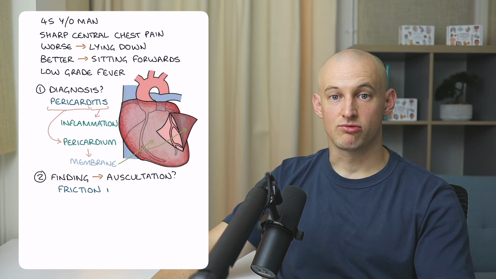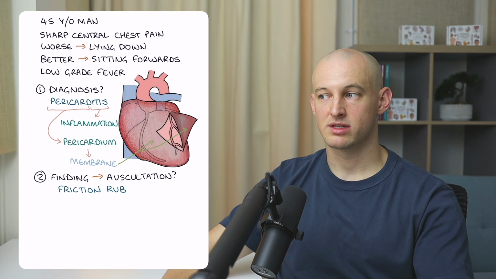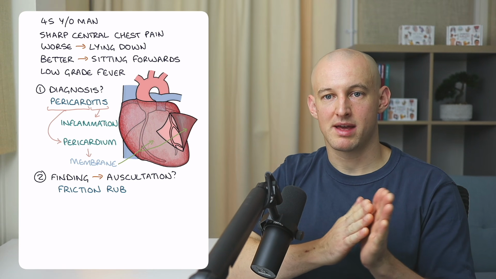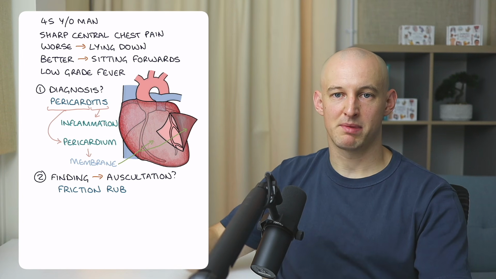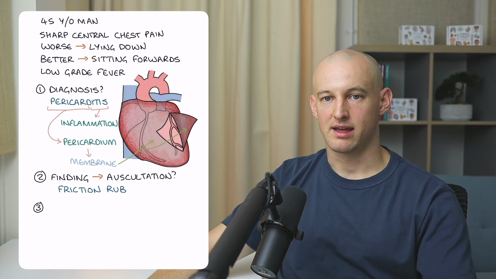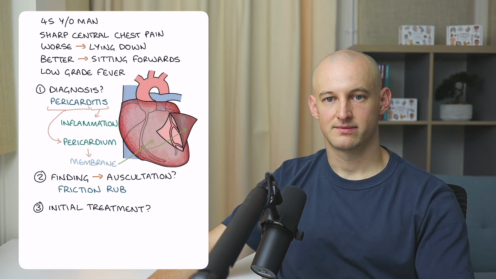A friction rub. This is a rubbing or a scratching sound that happens alongside the heart sounds. So you can imagine that inflamed pericardium, as the heart's beating, is rubbing and causing this scratching sound. Question 3. What's the first line initial treatment for this condition?